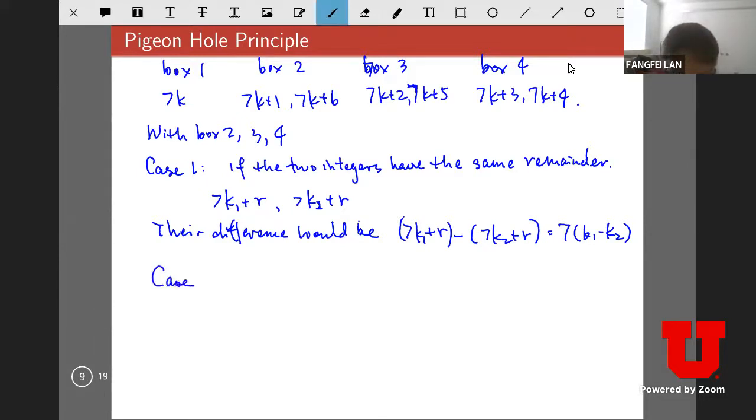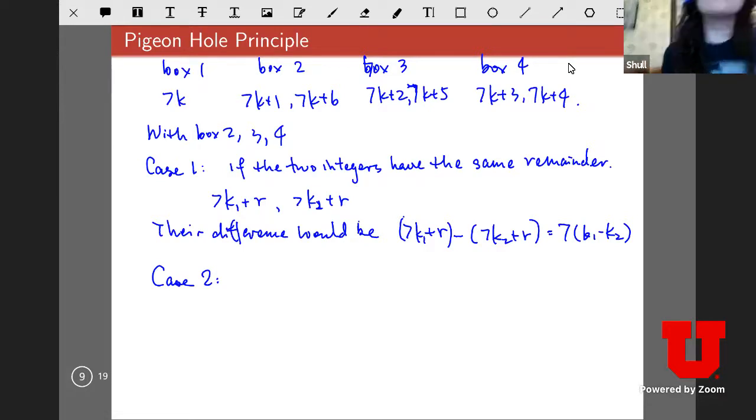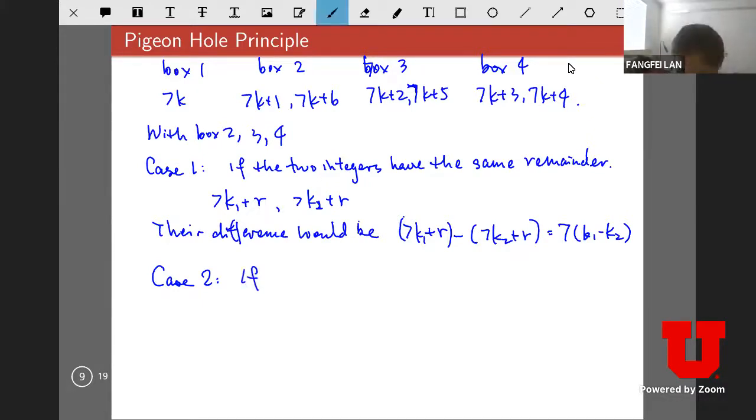So then the second case, what is the second case? Right, it's different. I guess you're trying to say that their remainders are different. Yes, okay.